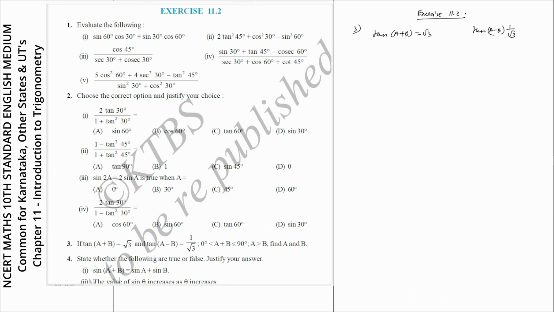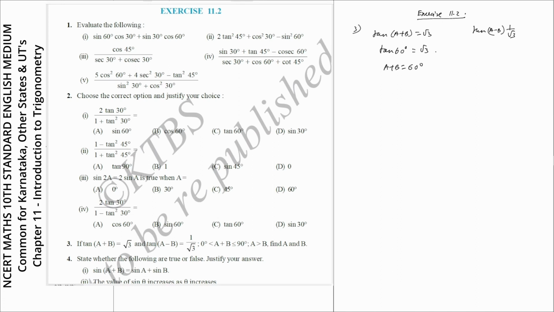Exercise 11.2, question number 3. If tan of (A plus B) is equal to root 3 and tan of (A minus B) is equal to 1 by root 3, and A plus B is between 0 and 90 degree, find A and B. Given that tan (A plus B) is equal to root 3, and we know tan of 60 degree is root 3, that means A plus B is equal to 60 degree.